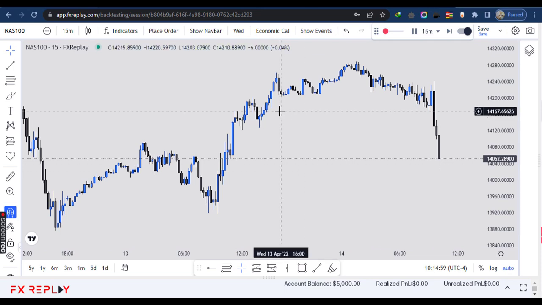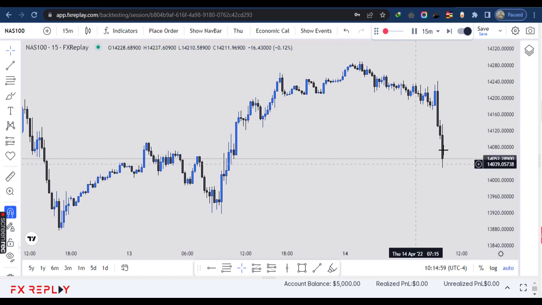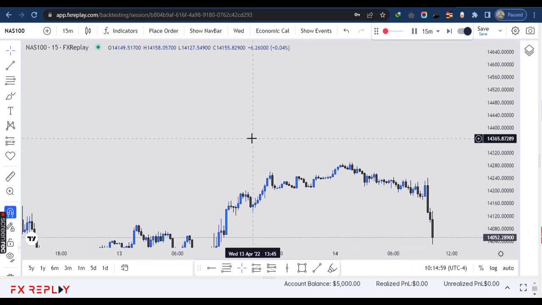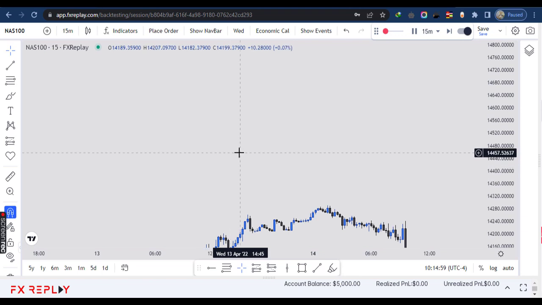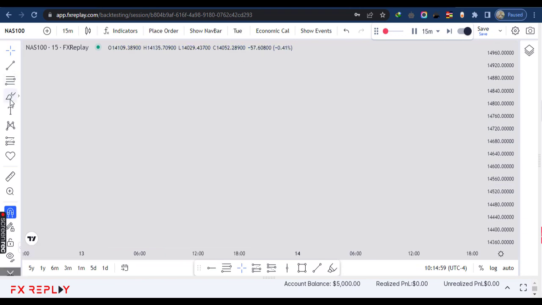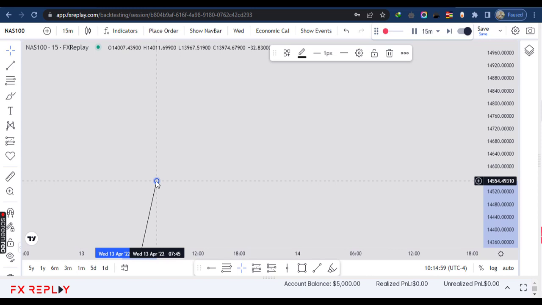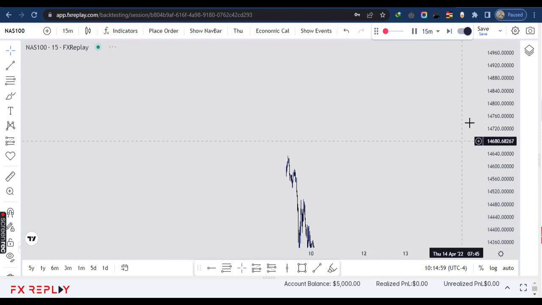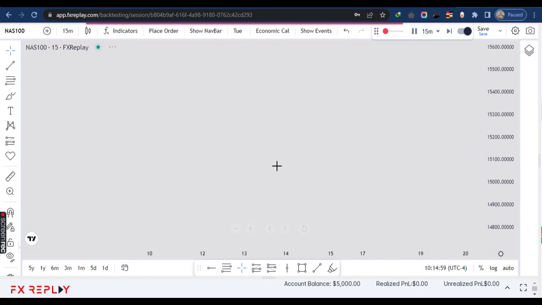Before we start the actual sauce, I just want to do a quick refresher about the ICT 2022 model. So basically, let's say we have a bearish bias. You open the chart and you want to go lower.